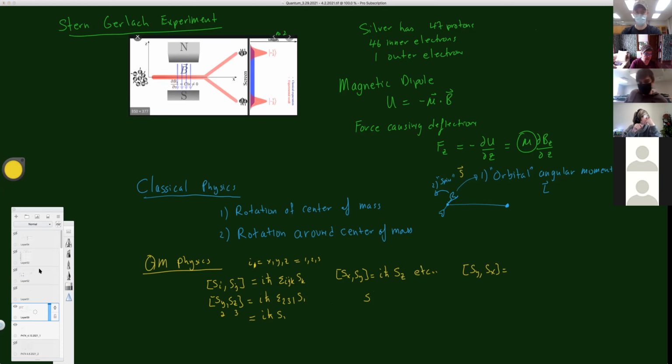Let me first tell you what a particular spin state would look like. Just like with L, where we had the quantum numbers l and m, S has quantum numbers s, little s, and m_s.